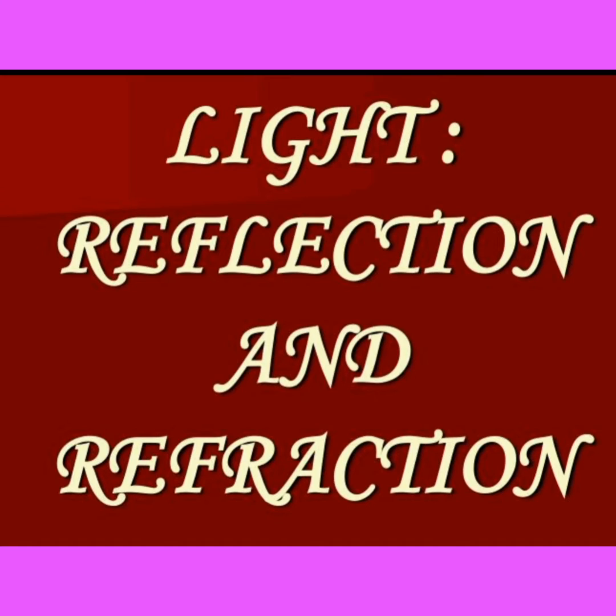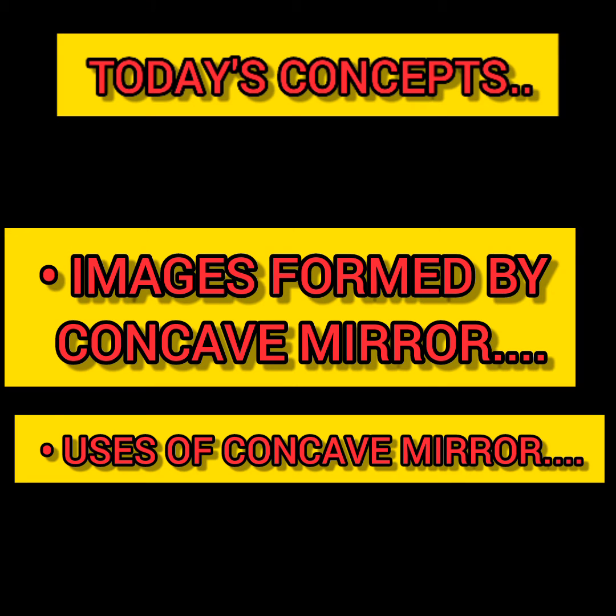In this video we are going to see the images formed by the concave mirror and also the uses of concave mirror. Totally there were 6 positions of the object in a concave mirror: at infinity, beyond C, at C, between C and F, at F and between P and F. These were the positions where the object should be placed.